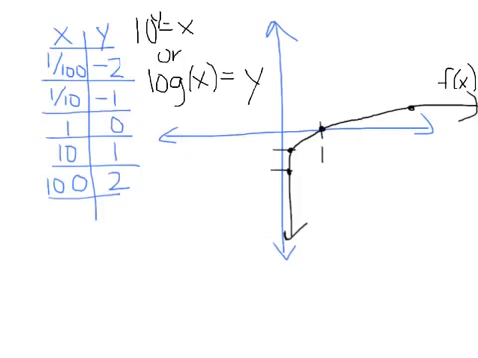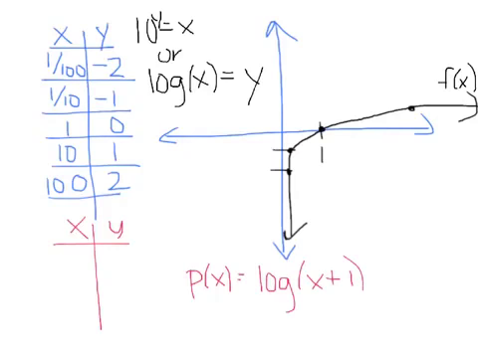Now what we want to do is graph the function p of x, which was the function f of x translated 1 unit to the left. So p of x, which was log of x plus 1, was really just a translation 1 unit to the left. So all I need to do is shift all of my x coordinates 1 unit to the left.